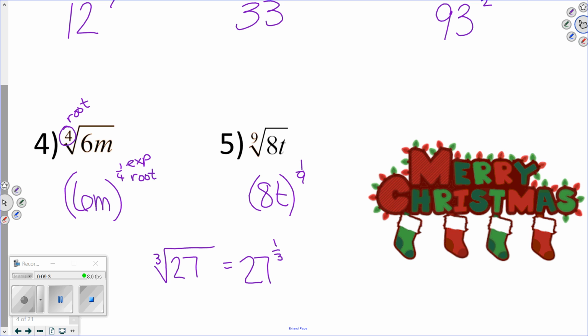So type in 27, hit your little caret button for an exponent, and then type in 1/3. And it gives you 3. And you guys know the cubed root of 27 is 3. We should know that. But I want you to see it does work. They work hand in hand, just different forms. Okay?